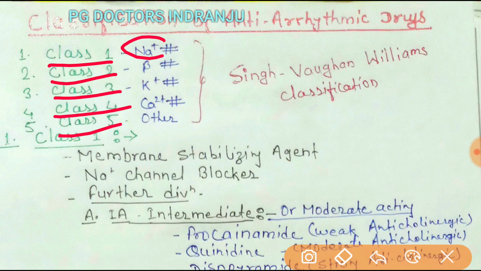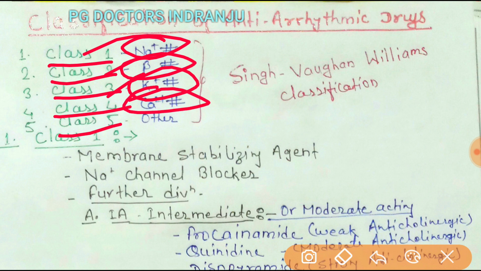Class 1 are sodium channel blockers, class 2 are beta blockers, class 3 is potassium channel blockers, class 4 is calcium channel blockers, and class 5 are other mechanisms of action. So these are categorized in class 5.